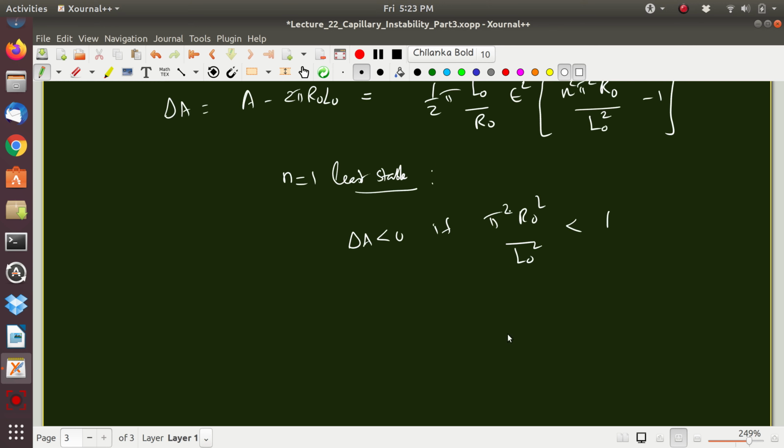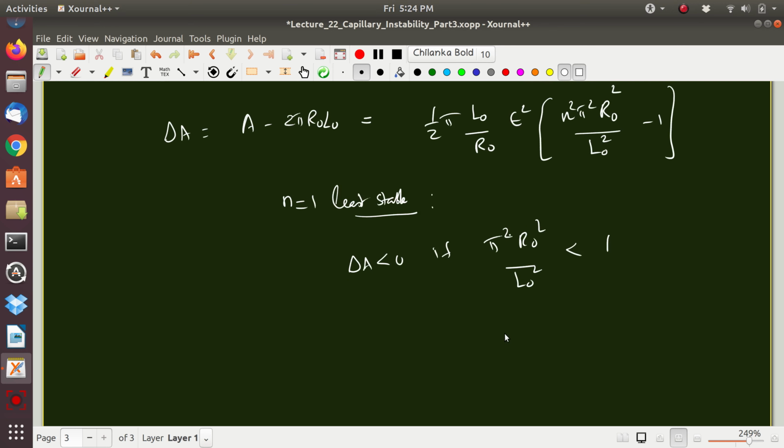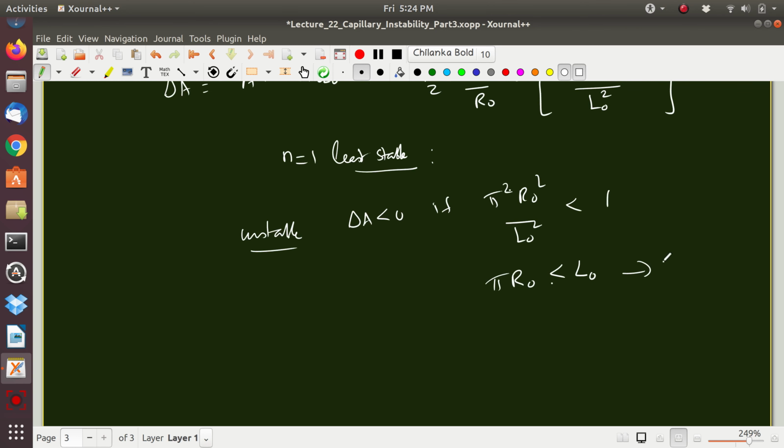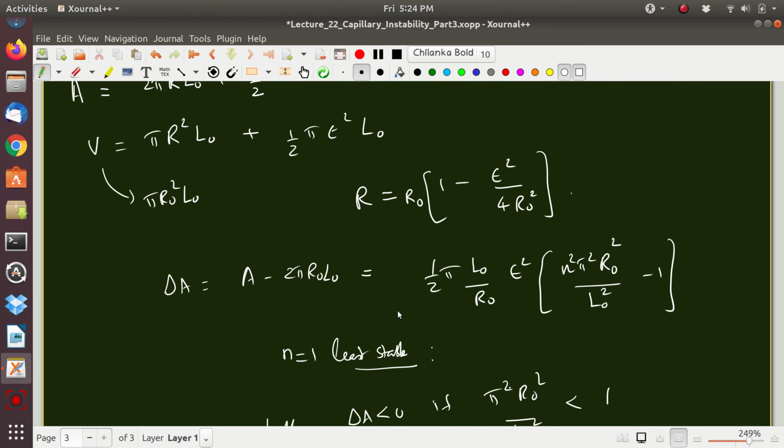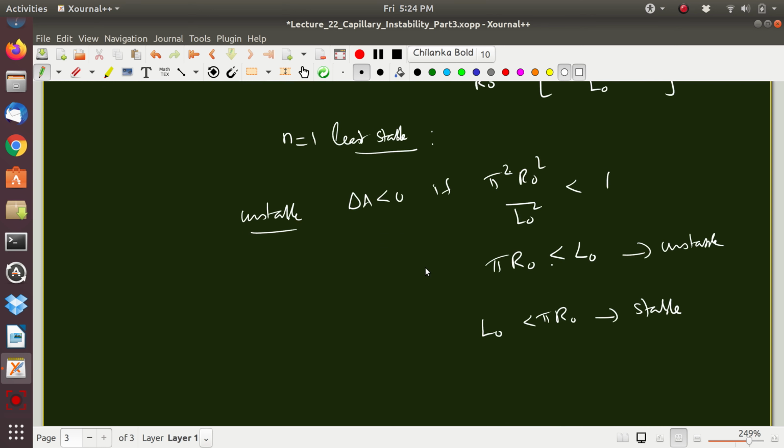So this is the unstable case: pi r naught is less than L naught. Now the other way around, if L naught is less than pi r naught, then this is stable, because the area is going to increase due to these deformations, and such configurations are energetically not favorable.